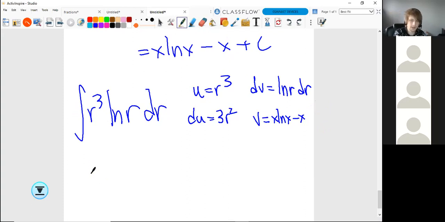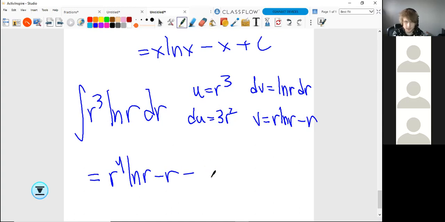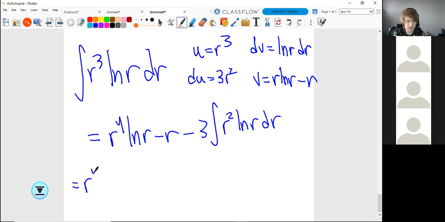So we get that u is equal to r cubed. Maybe I should write that in terms of r. r ln r minus r. So this is r to the 4th ln r minus 3 times the integral r squared ln r dr. The big idea for this exercise is that we use integration by parts as a power reduction formula.